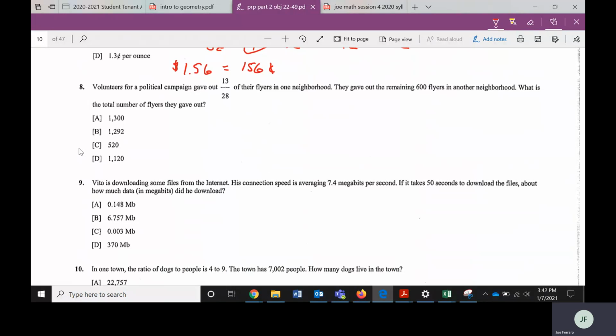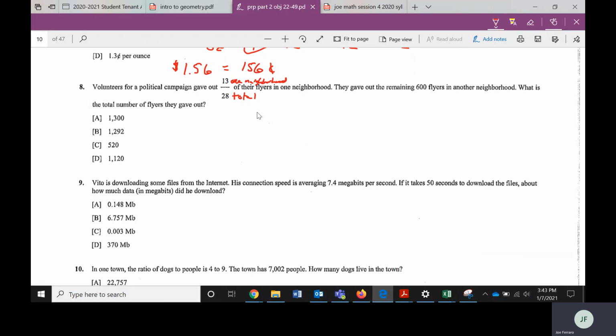It says volunteers for a political campaign gave out 13/28 of their flyers in one neighborhood. So that means 13 went to this one neighborhood out of 28 total. When you see a fraction, the bottom is a total.